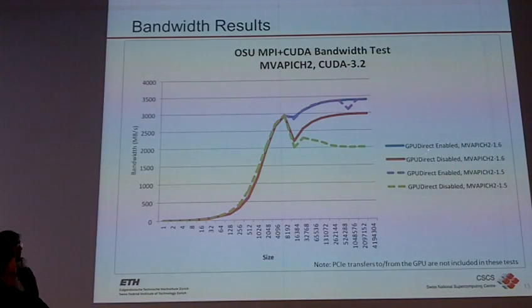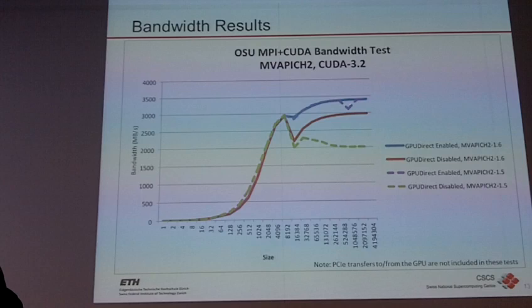Here Jeff tested two variants of MVAPICH2, 1.6 and 1.5. In the first case, the blue one is GPUDirect enabled, and you see the activity more or less starting here. And then you see GPUDirect enabled with 1.5.